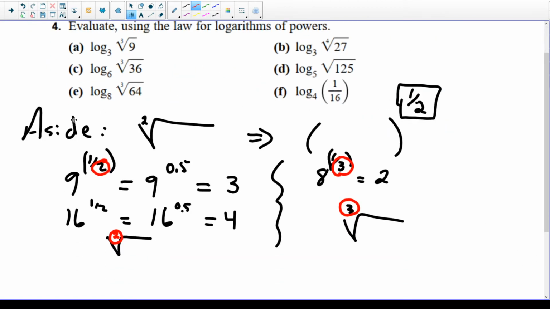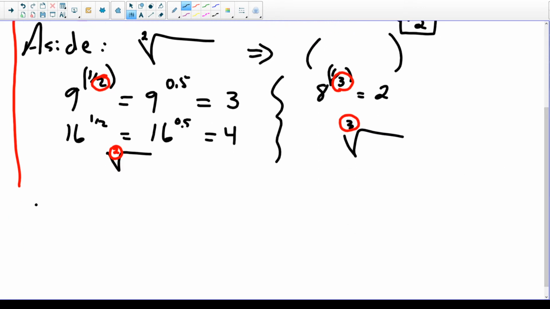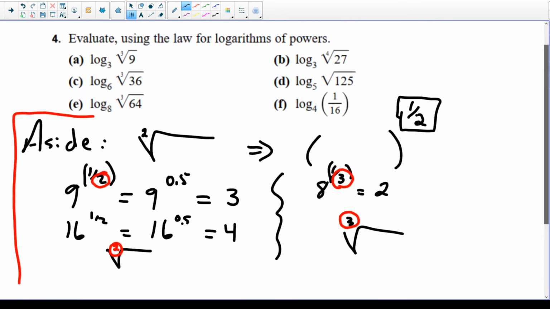Okay, so that whole aside was just to explain that any root can be written as a fractional exponent, okay? So let's get back to 4a. In 4a, the question is, evaluate using the laws for logarithms of powers.